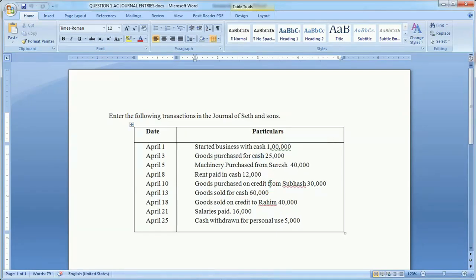Now, whenever we purchase some goods, the goods come inside the business, and cash goes out of the business. Both of them are real accounts. So, debit what comes in, purchases account will be debited, and credit what goes out, that is cash goes out. So cash account will be credited, and the amount will be 25,000.